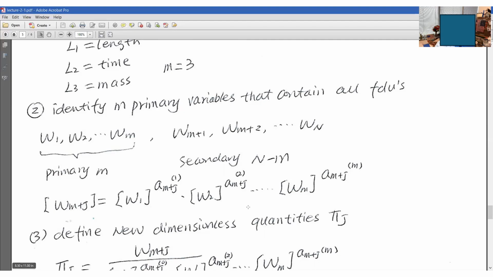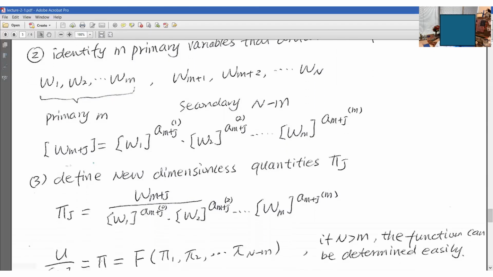The third step is that I define new dimensionless quantities pi j. How to define this pi j? If I have a secondary variable Wm plus j, I also know this guy's dimension, and this guy has a number and a dimension.